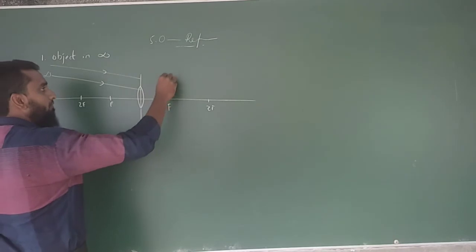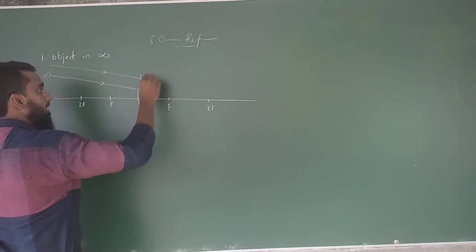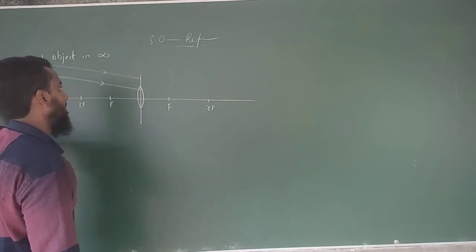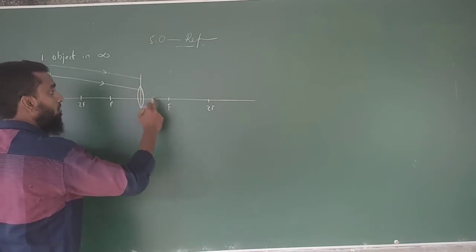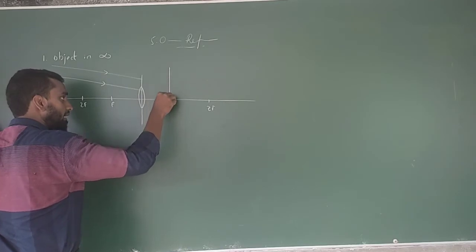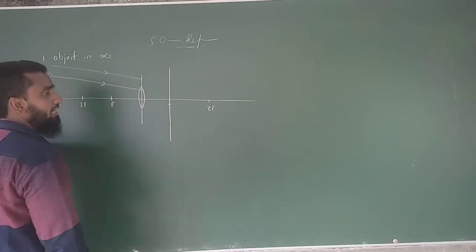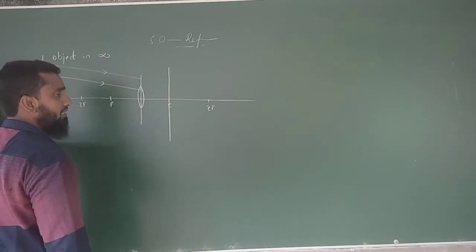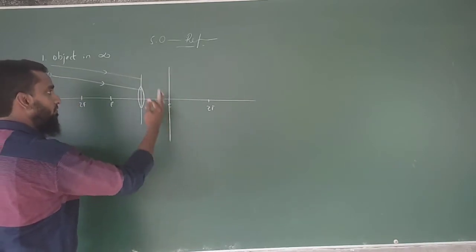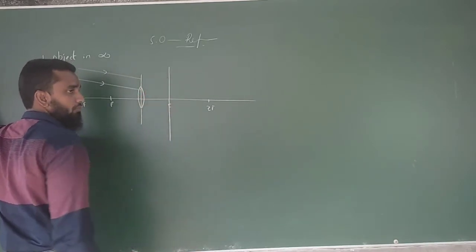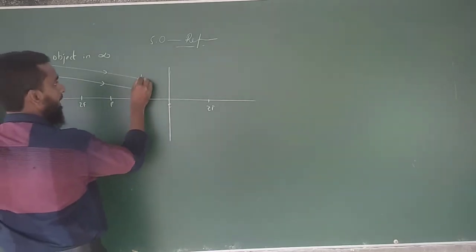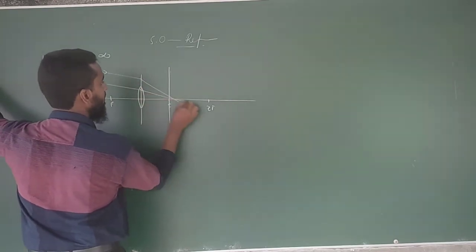Both are going to refract. After the refraction, both are going to converge. After the converging process takes place, they are going to cross at a point in the focal plane. You know what the focal plane is? The plane which is perpendicular to the principal axis through the focus is the focal plane. In the focal plane, at a point, the rays are going to converge.